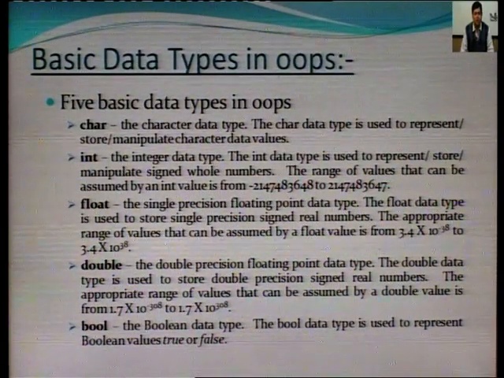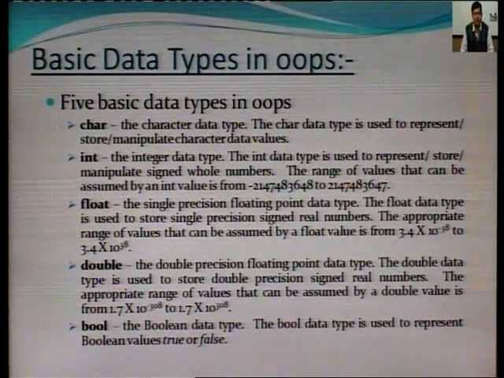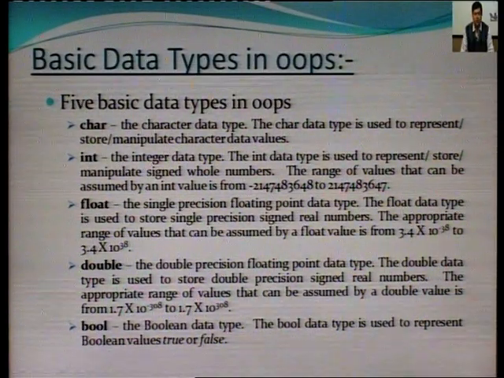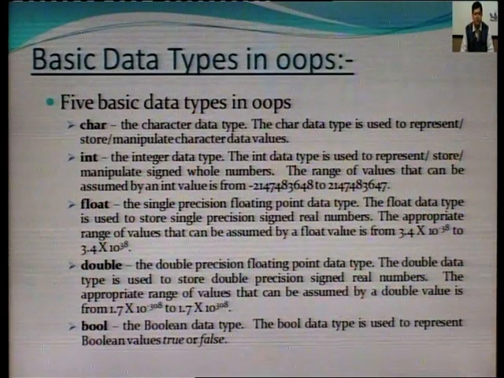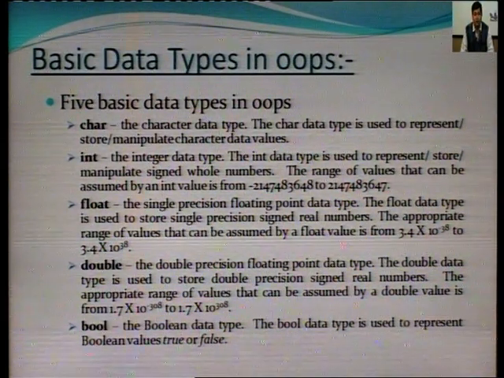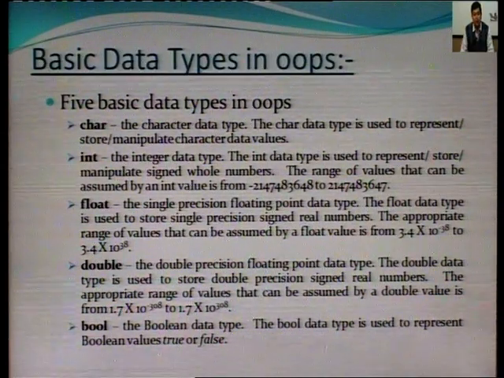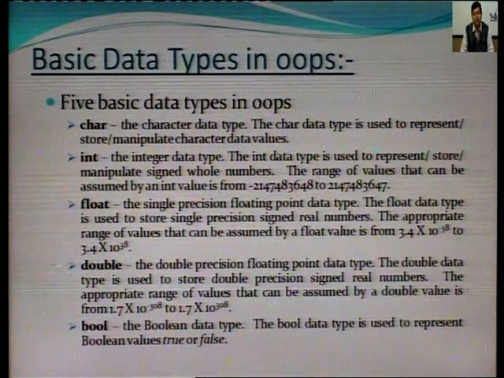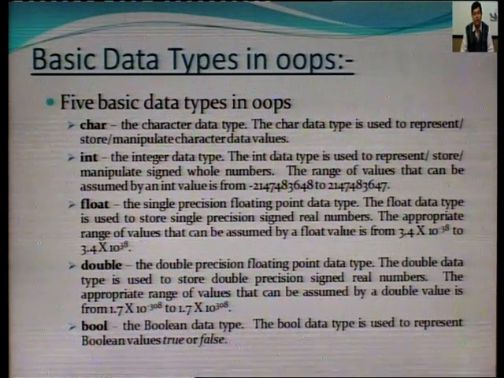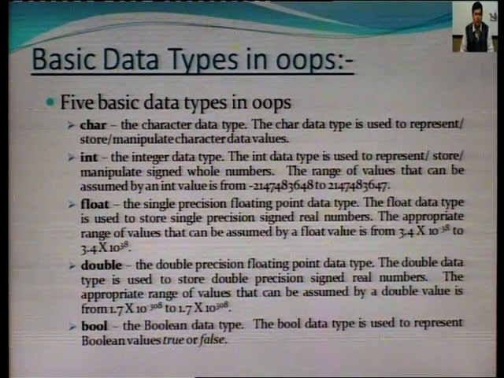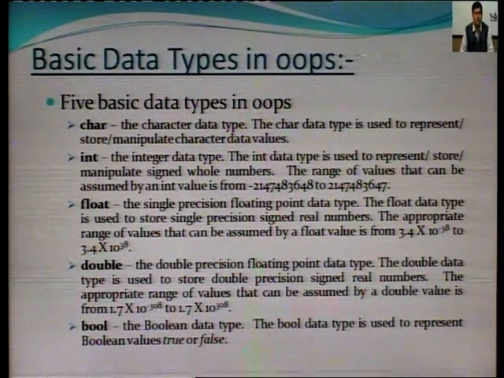Now, there are 5 basic data types in object-oriented programming: character type, integer type, float type, double type, and boolean type. If you declare a variable of character type, then it is used to represent, store, and manipulate character data values.